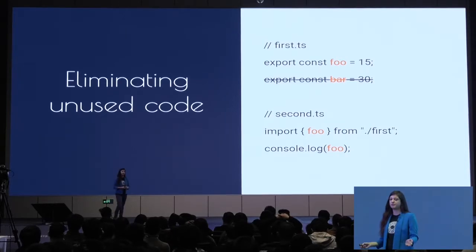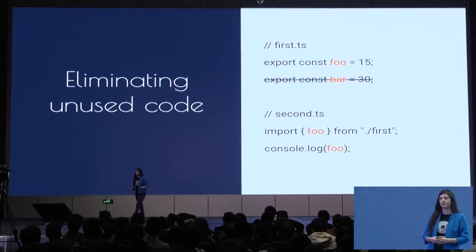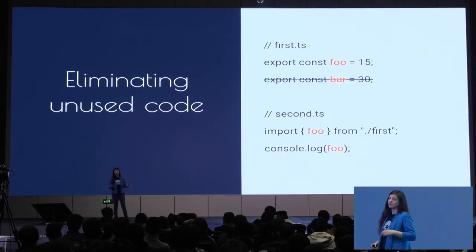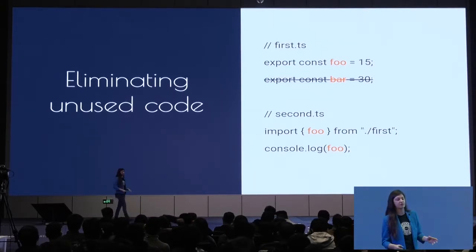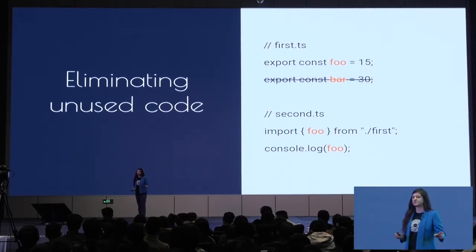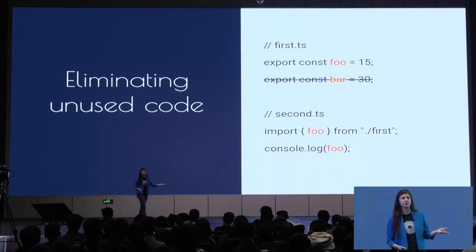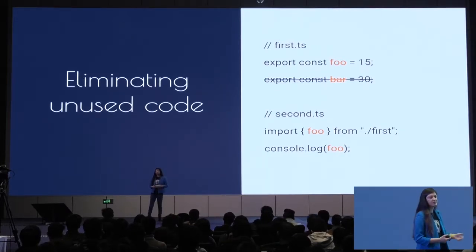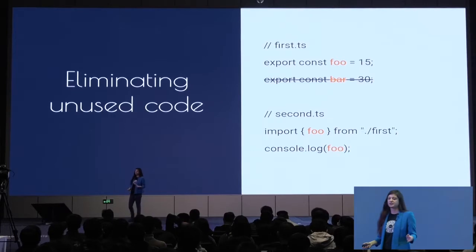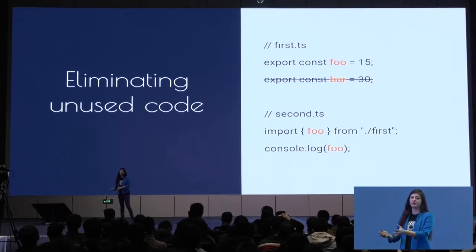And why is that important? Because let's say that we have a big library, for example, ArcGIS. I don't know how many operators there are in ArcGIS. There are quite a lot. And in most of my apps, I'm usually using map and maybe three or four other operators. So what I mean is that I only need these five, let's say, operators from ArcGIS.